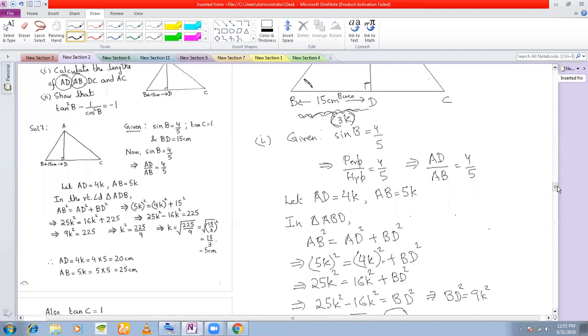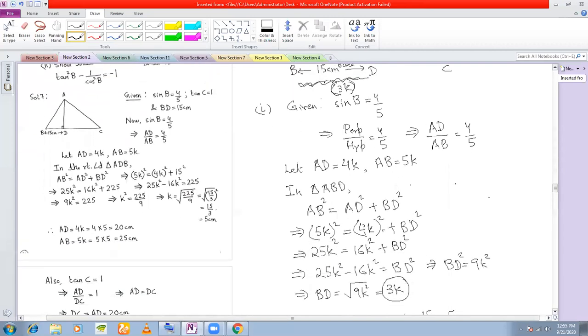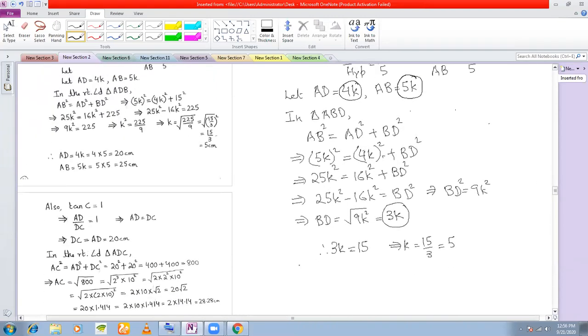AD here is 4K and AB is 5K. Therefore AD is equal to 4K, which is 4 into 5, which is 20 centimeters. And AB is 5K, which is 5 into 5, which is 25 centimeters.